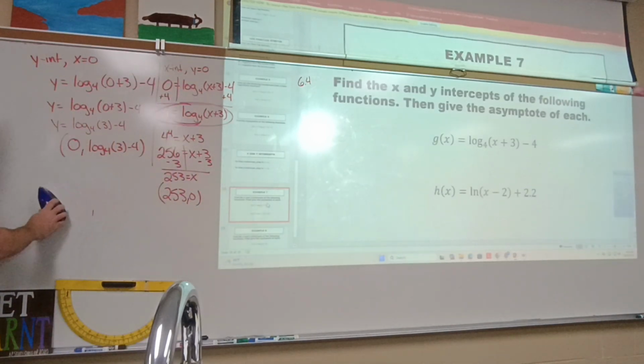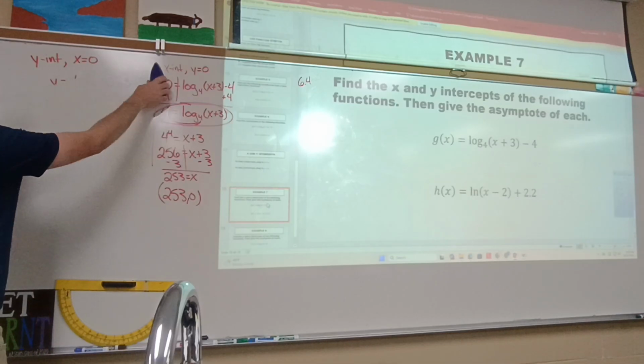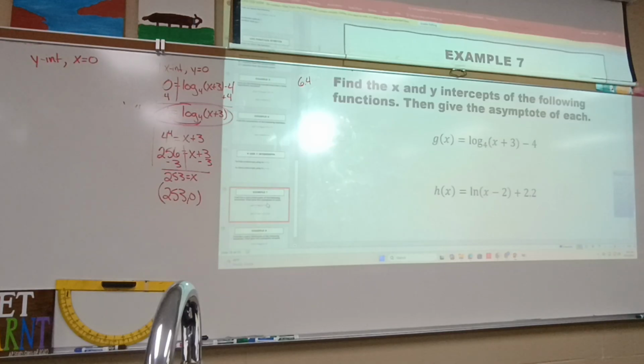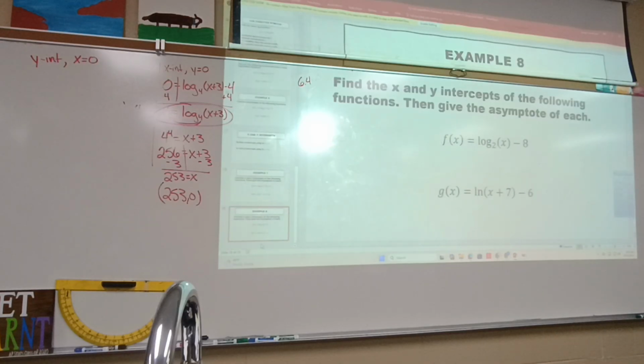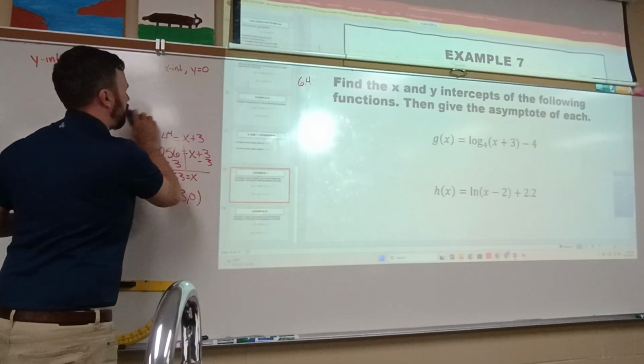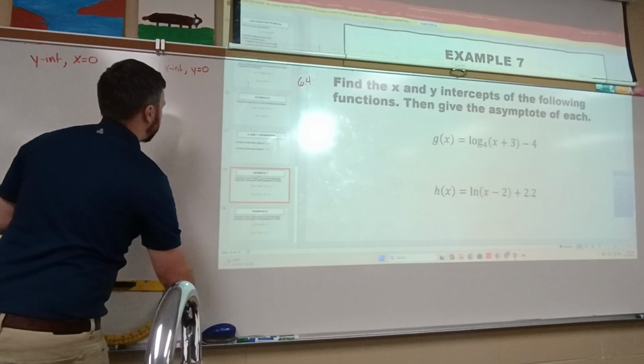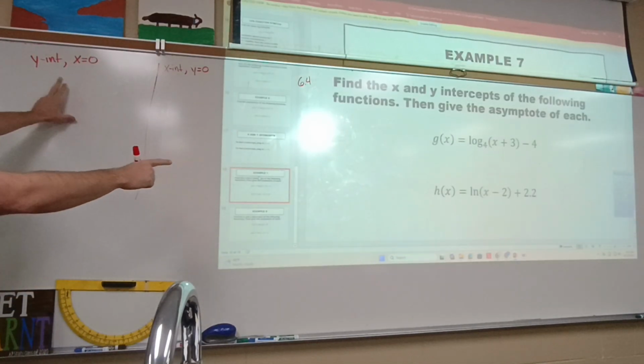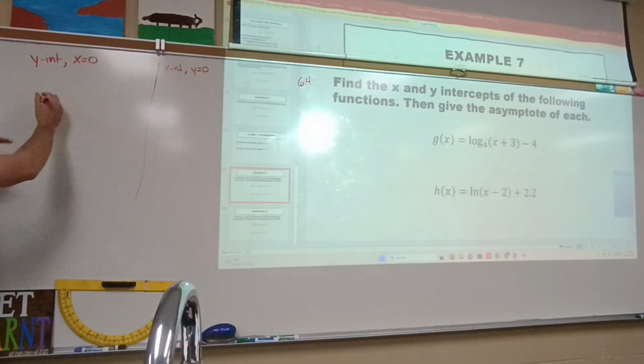All right, one more example, and then we're done for the day. Let's find the x and y intercept of this beast, the natural log. We're going to do the same process. For y-intercept, plug in 0 for x.